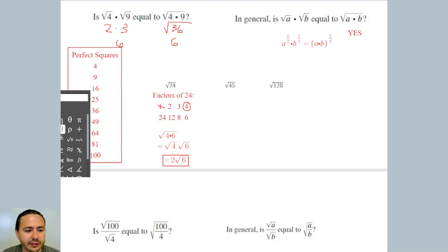So we're going to rewrite this as the square root of 9 times the square root of 5, and the square root of 9 is 3. So we can simplify this to 3 root 5.